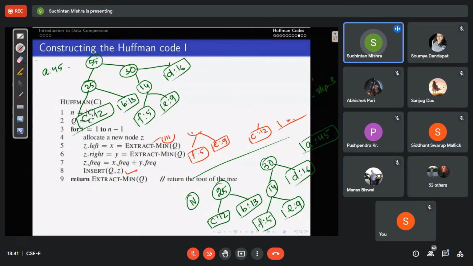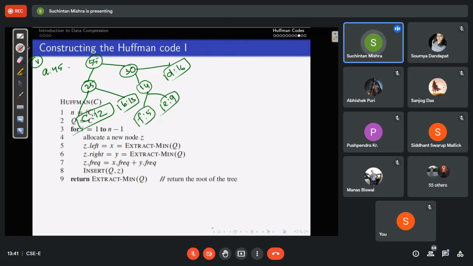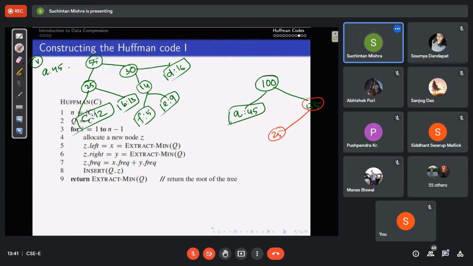Now this is the fifth step. In the sixth iteration, these two will be combined. 45 plus 55 is equal to 100. 100's left child is A. 100's right child is 55. 55 has two children, 25 and 30. 25 has two children, C12 and B13. 30 has two children, 14 and D16. 14 again has two children, F5 and E9.